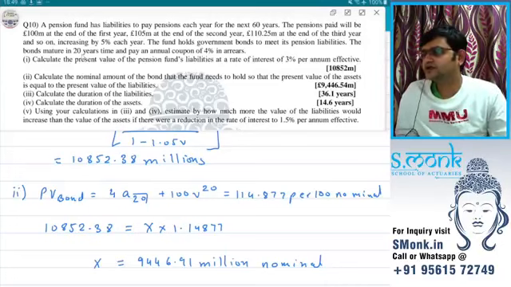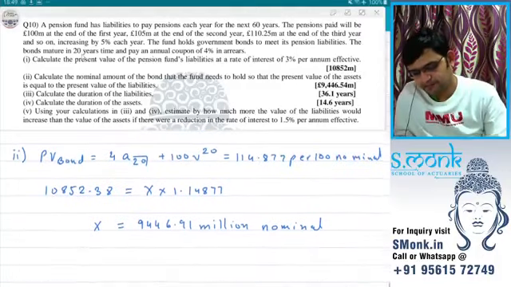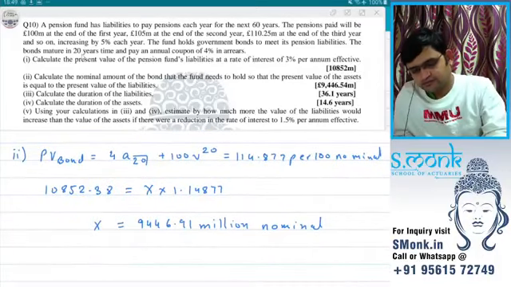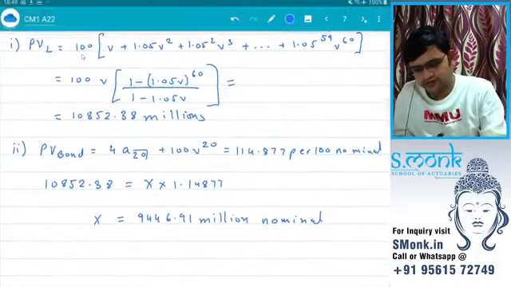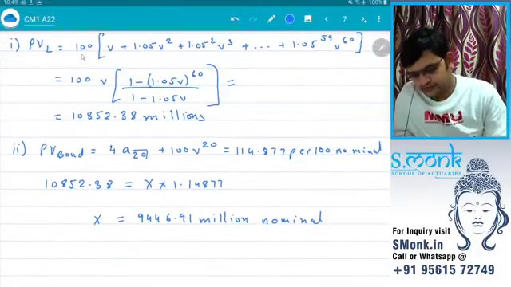Third part, calculate the duration of the liabilities. Okay, so here is our present values.